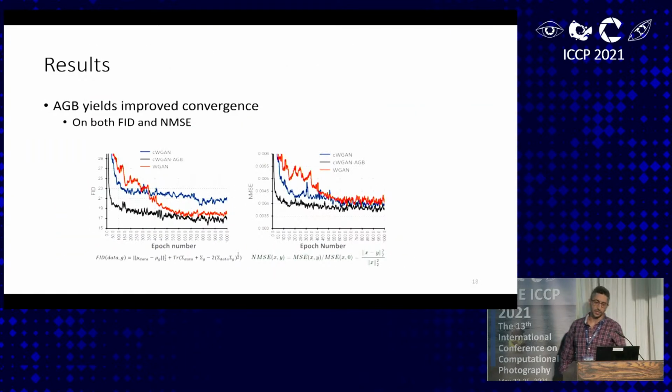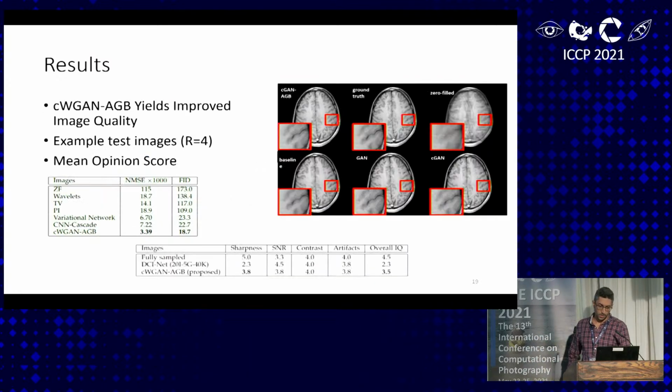By calculating a normalized MSE and Fréchet inception distance on a validation set per epoch, we observe that AGB yields an improved convergence. We also observe that AGB applied to our model produces better image quality and superior results compared to other alternatives. To assess model performance, we further report a mean opinion score test conducted by 4 MRI scientists on a holdout test set.